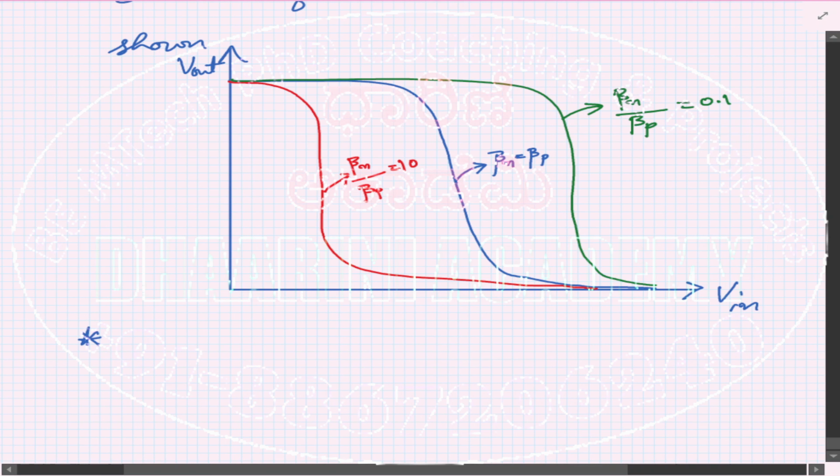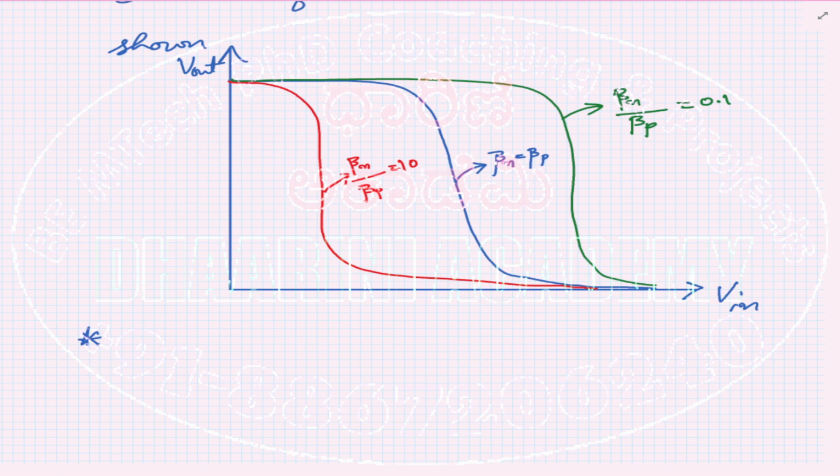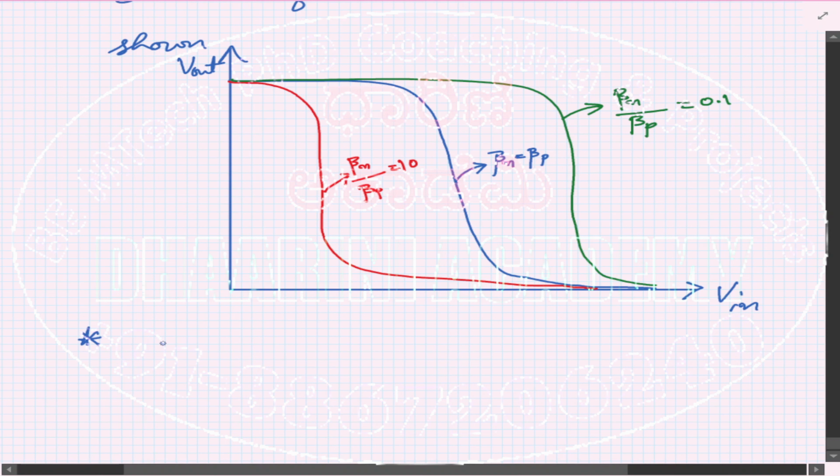So the width by length ratio itself is what is called beta. Now, if beta n by beta p is decreased, what happens?